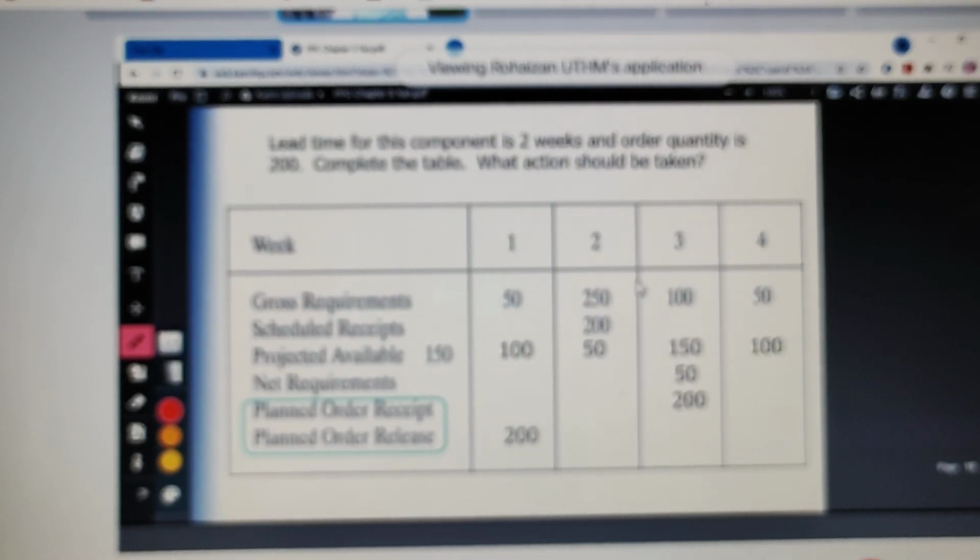So this is in our MRP table, this is where the input is: the planned order receipt and planned order release. We take this one, 200, and the order quantity is 400.